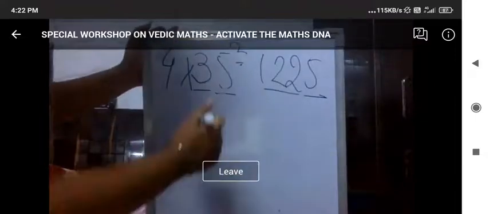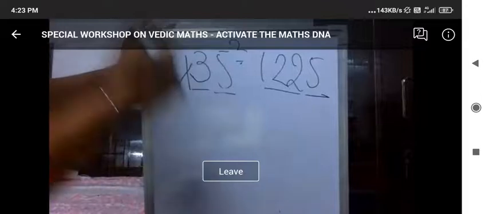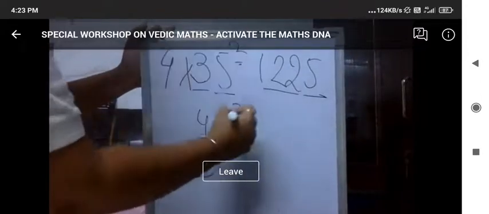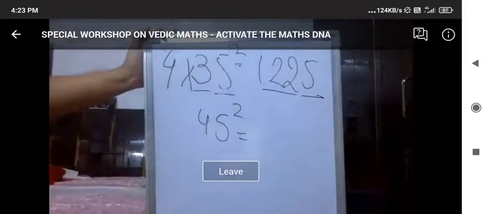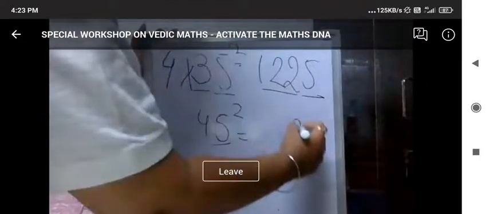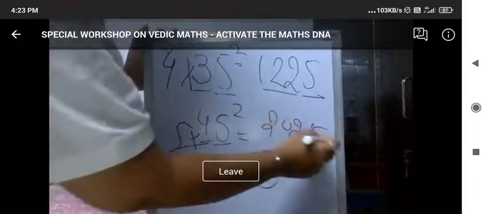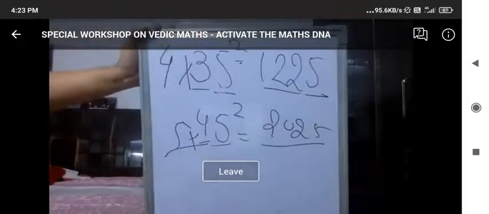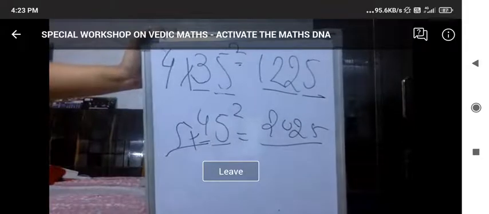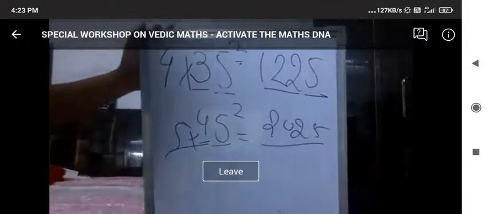Okay, let's try with another number. I'll just keep this written here so that you can take a reference. My number is 45 square. Yes, try answering quickly. Yes, 5 square, 25. 4 multiplied by successor 5 will give you 20. 2025 is the answer. So those who got it correct, appreciation for them, and keep this trick in your mind so that you can calculate further.